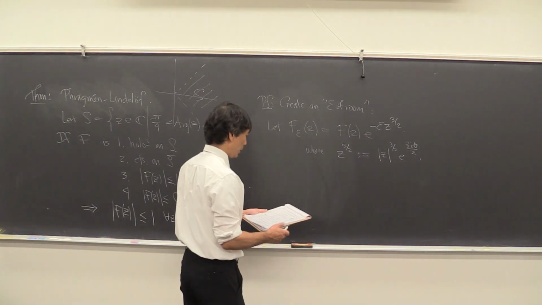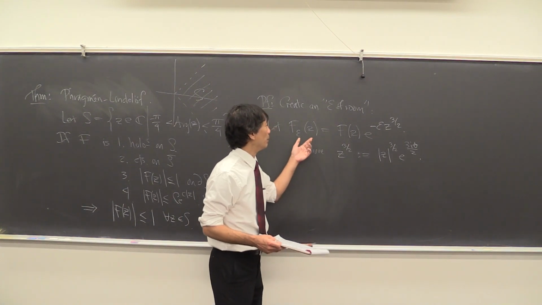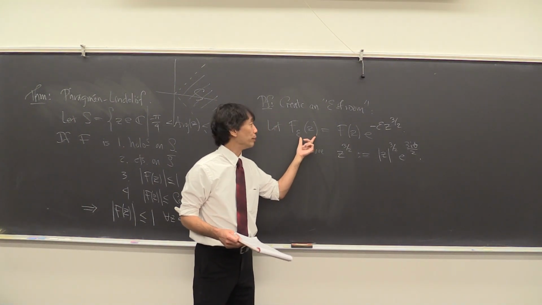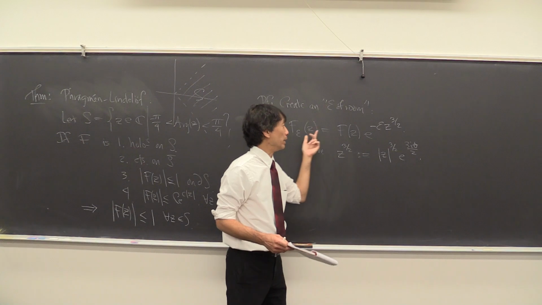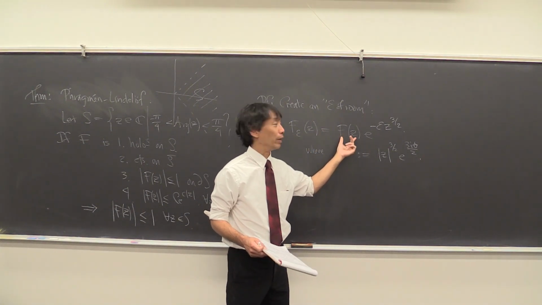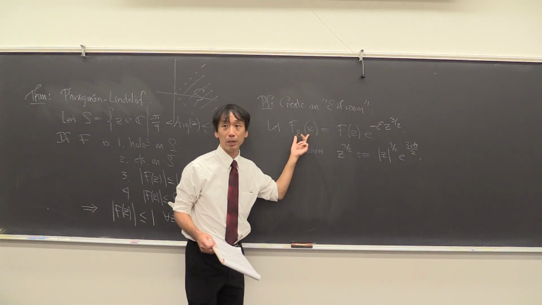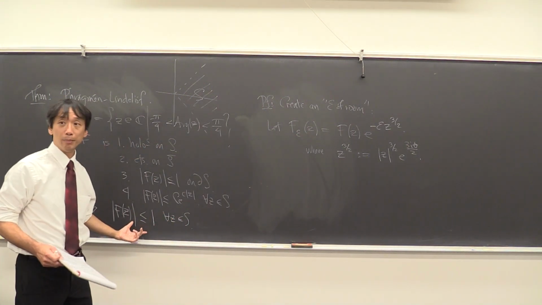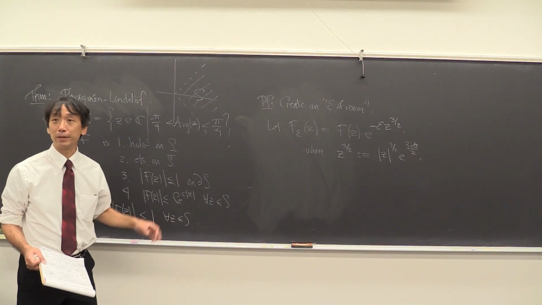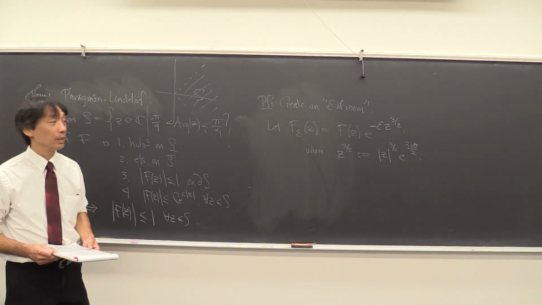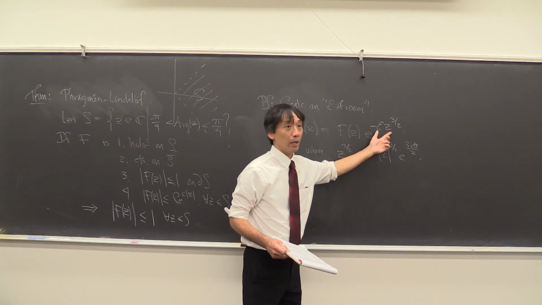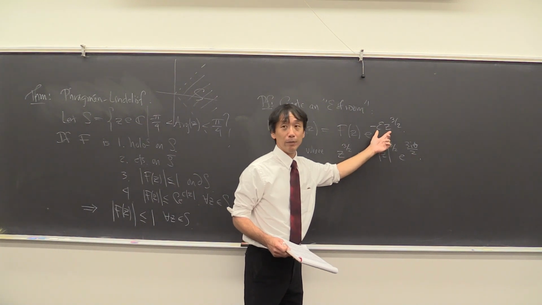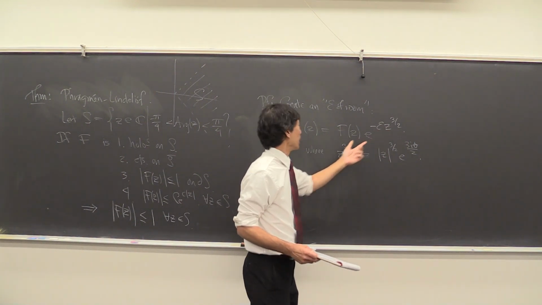What we're going to do is show that the statement is true for all of these functions, and then let epsilon go to 0, and that will allow us to see that the statement is true for f. These functions are going to be bounded on S, and then letting epsilon go to 0 gives us that f is bounded on S. The trick is to use the decay here to allow us to invoke the maximum modulus principle.